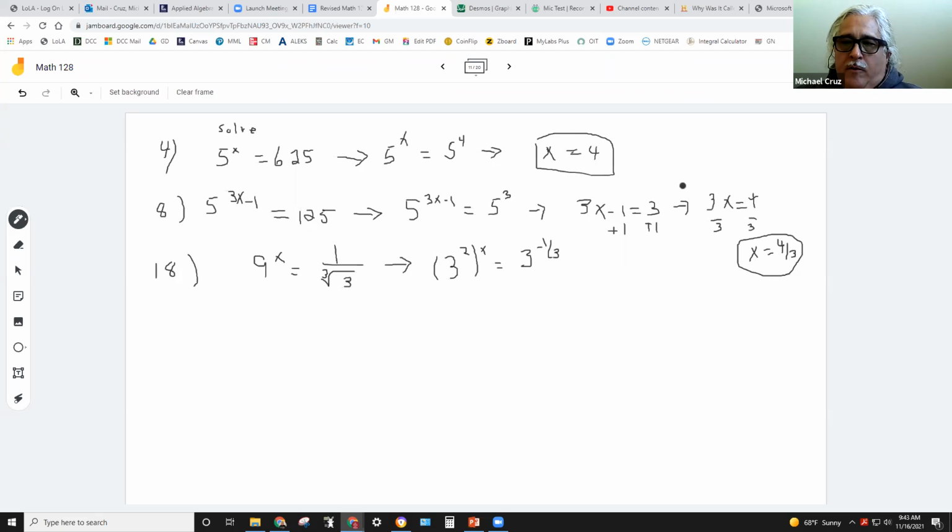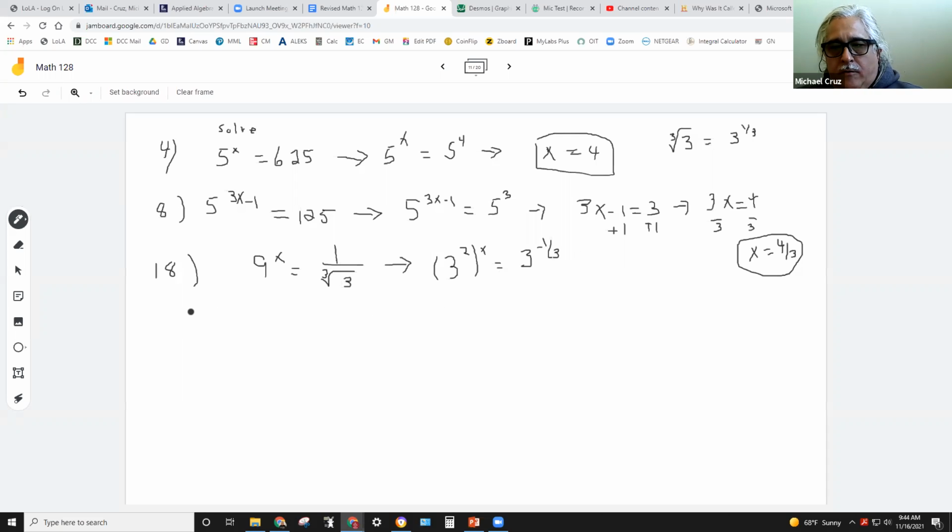Remember, because it's in a denominator, that means negative, because the negative means take the reciprocal. So this right here is that written with exponents.